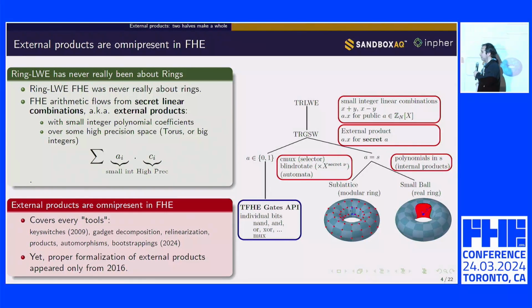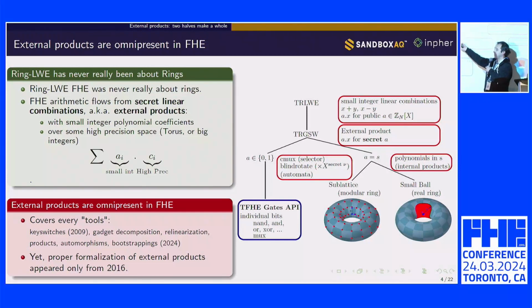At the beginning, for example, for key switches, we were more interested in the proxy re-encryption kind of thing, replacing one key with another one. But if you look at that in terms of external products, we can rebuild the whole FHE theory.